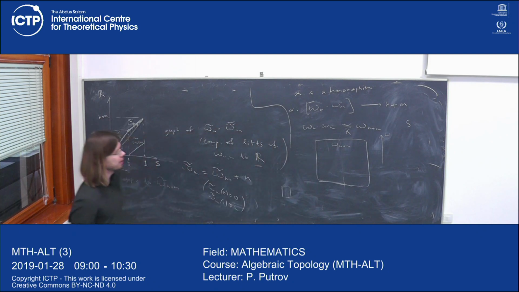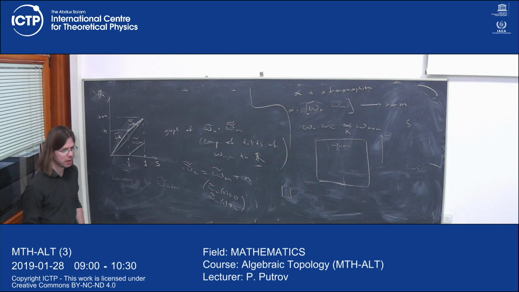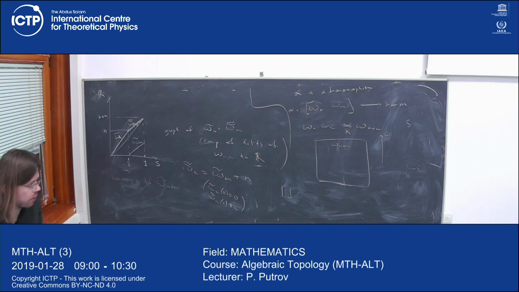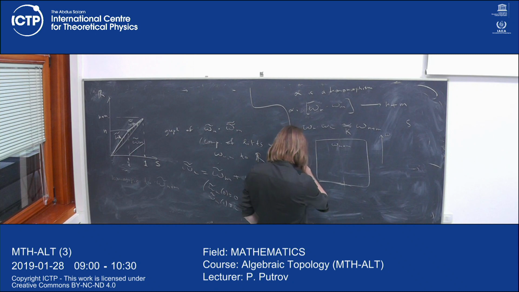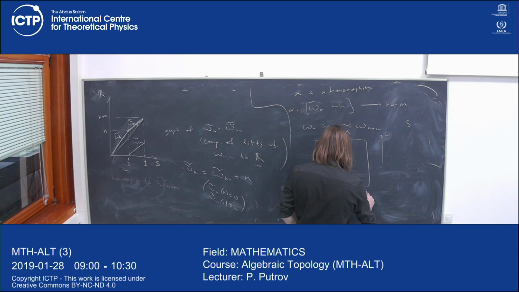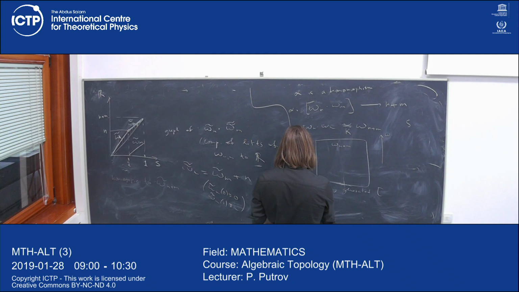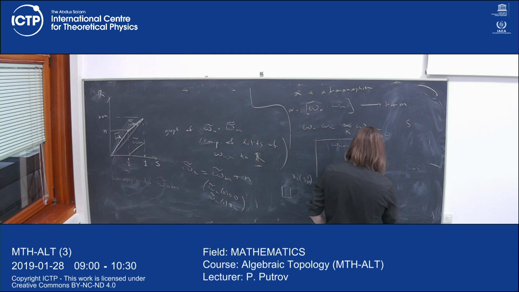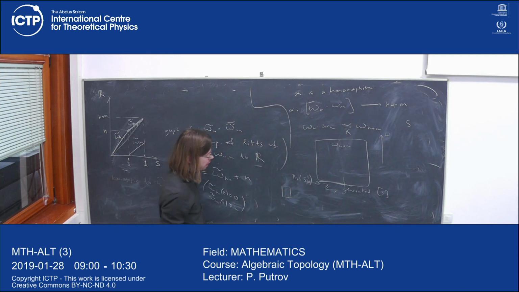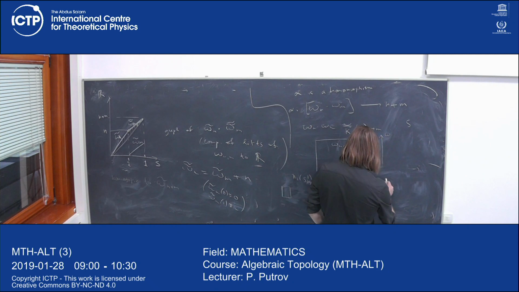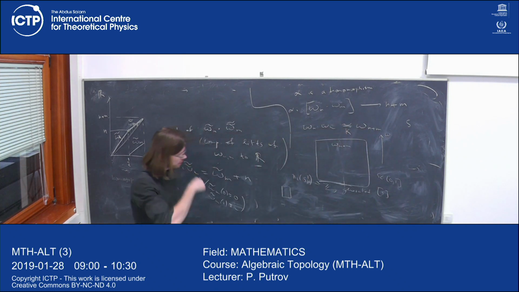Okay, this was the end of the proof that the fundamental group of S1 is isomorphic to Z, and it's generated by the path which takes S from 0, 1 to its closeness, right?